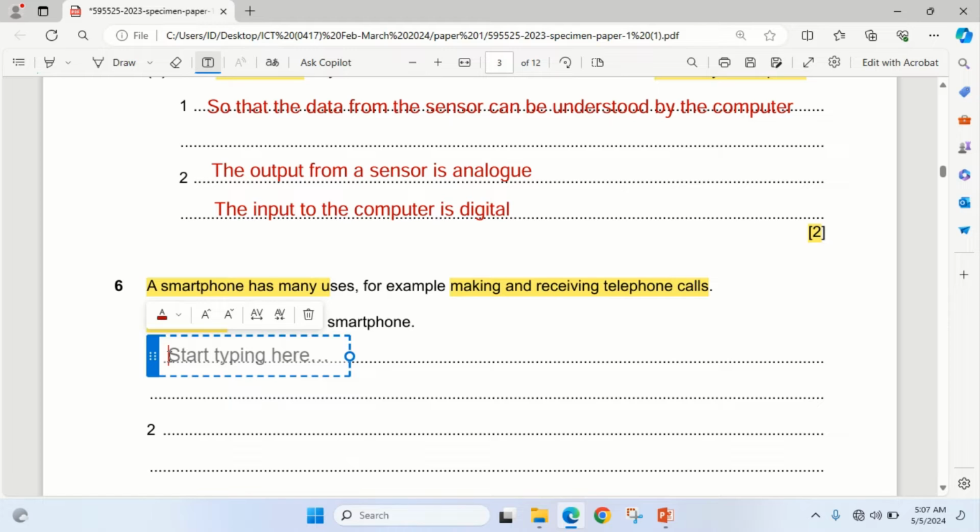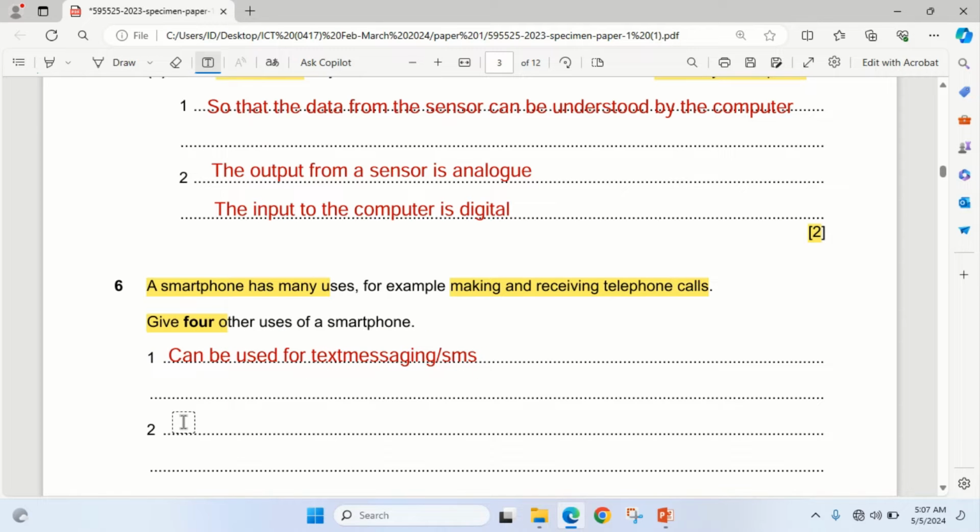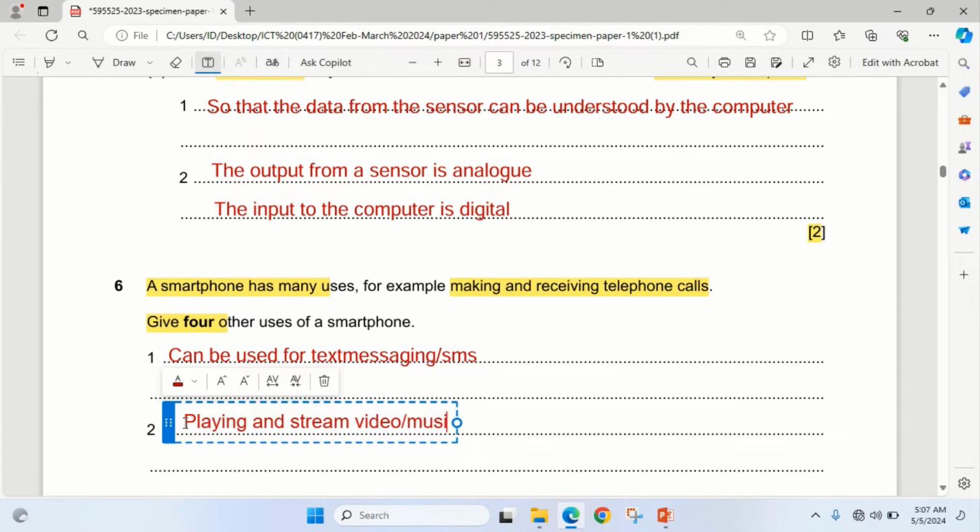You can use it for text messaging, or what we call SMS. It can also be used for playing and streaming video, or even music.